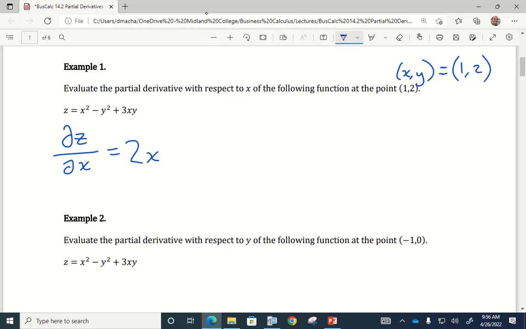The partial derivative with respect to x of negative y squared, well, I'm just going to pretend that y is a constant, and that goes away. I don't have to worry about that. Where I have plus 3xy, well, the 3 is a constant, and I'm also going to pretend the y is a constant, and the derivative of x with respect to x would just be 1. And so this is going to be my partial derivative with respect to x.